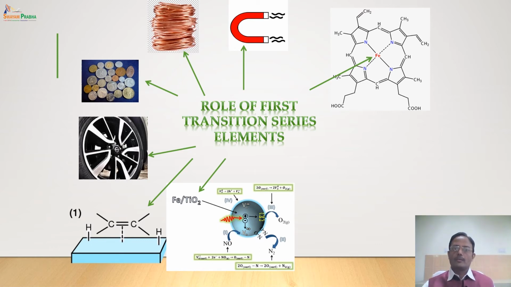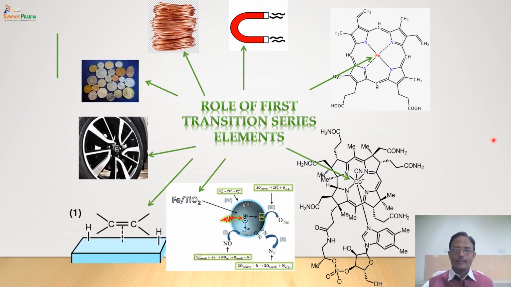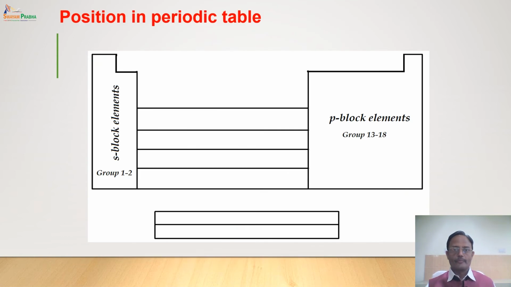Now this molecule is our hemoglobin, which is present in our body, and iron is an essential ingredient of hemoglobin, playing a very important role in oxygen transportation in our body. Cyanocobalamin or vitamin B12 has cobalt as a metal ion at the center of this porphyrin type of ring. So all of these elements play a very important role not only in materials but also in biological systems.